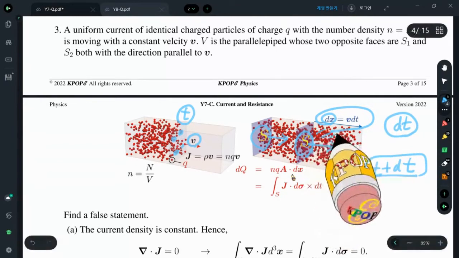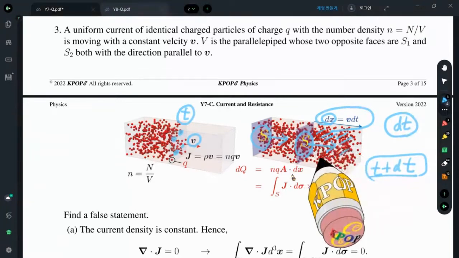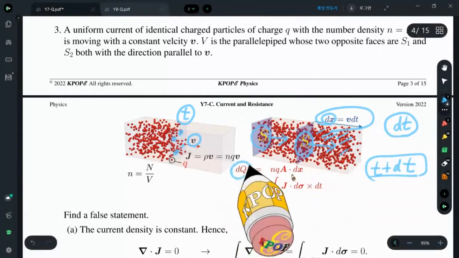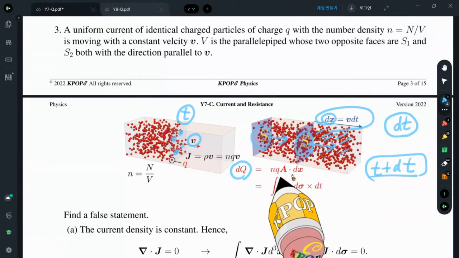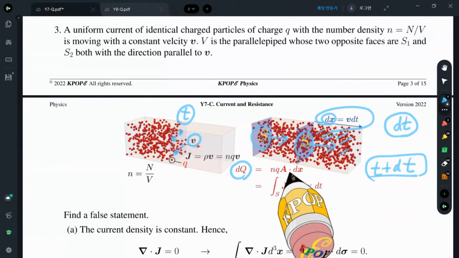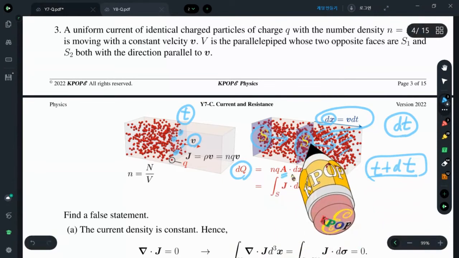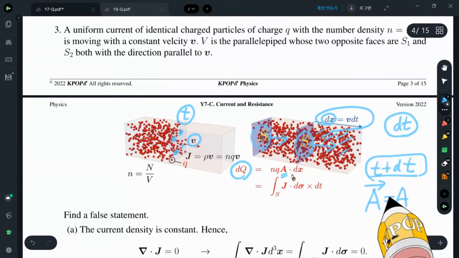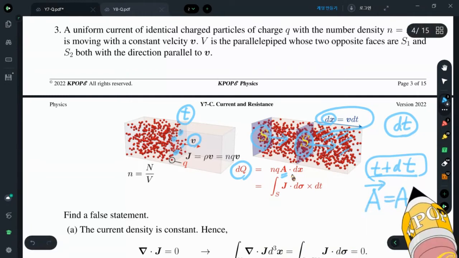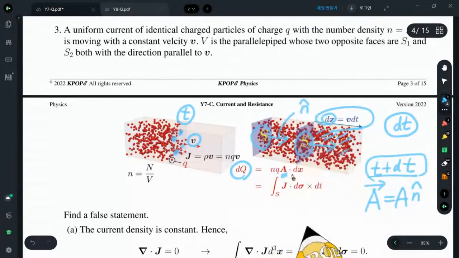the net charge passing through the surface S2 can be computed as the capital Q, and we have cross-sectional area. S2's cross-sectional area is a vector that is A times, let's say, n hat.